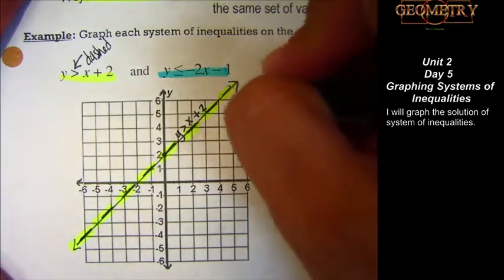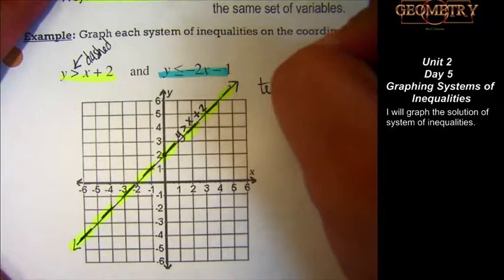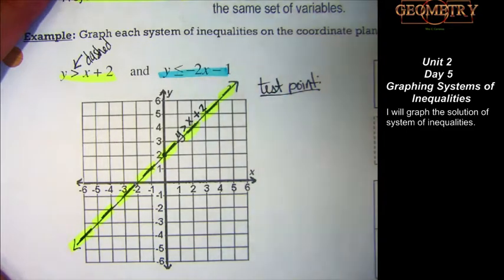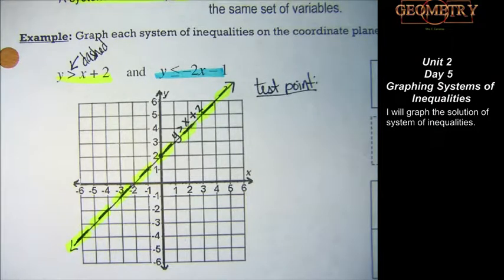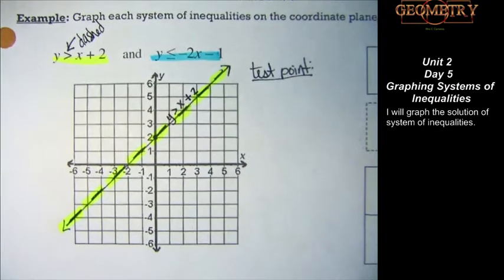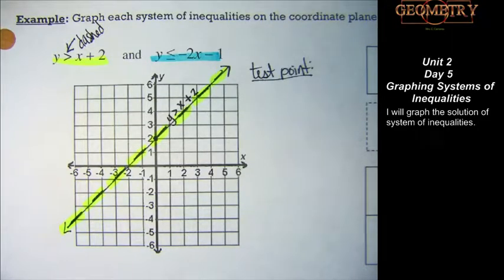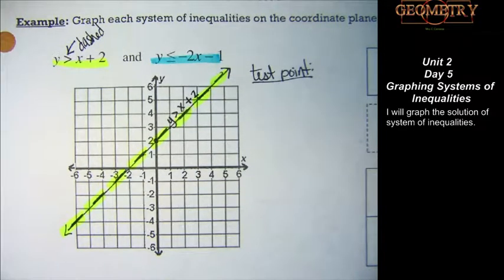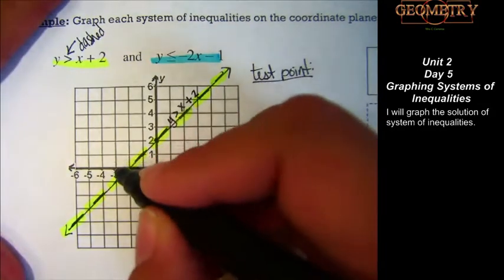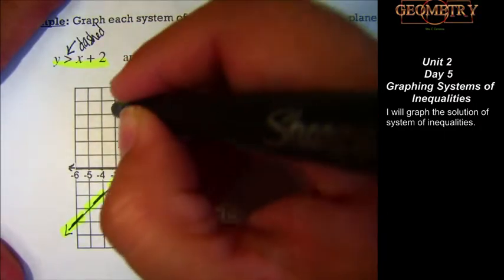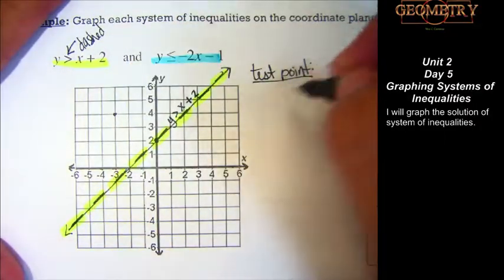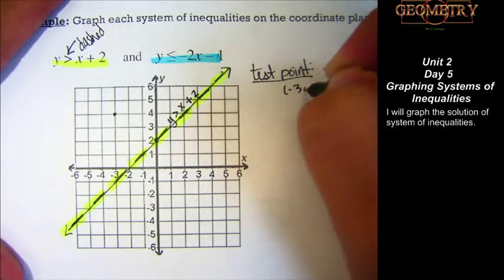The way to tell is to use some test points. To pick the test point, pick any point that you want as long as it's not on the line. I've been showing how to pick with (0, 0), but I'm going to give you guys the freedom to pick any point that you like so that you can see that this still works. (-3, 4)? Okay. So I got told to use the test point (-3, 4).